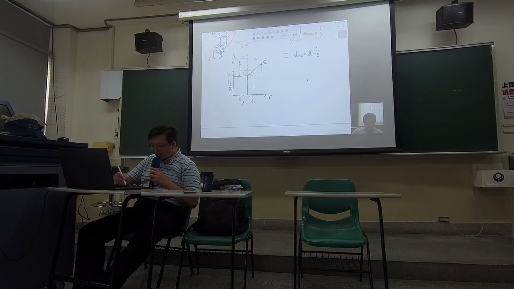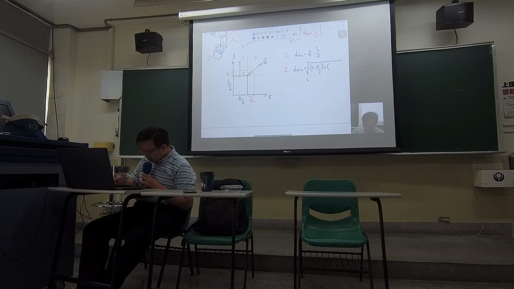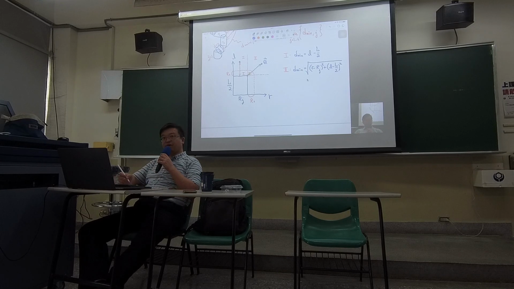Basically, you need to figure out what this is, and then what this is. So in region 2, d minimum is going to be the square root of (r minus rj) squared plus (L minus half of capital L) squared.